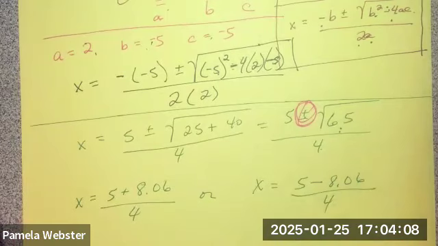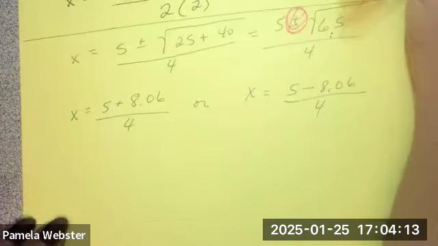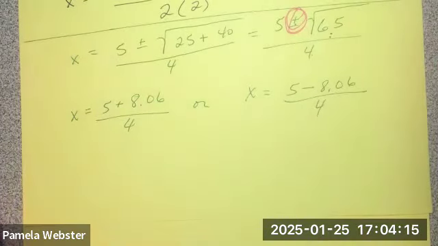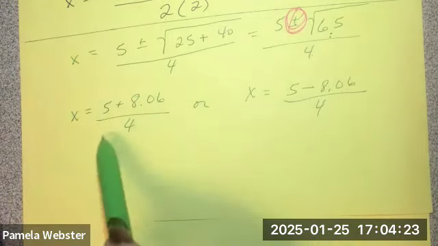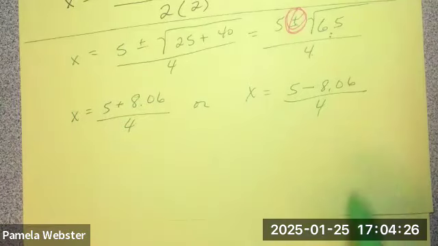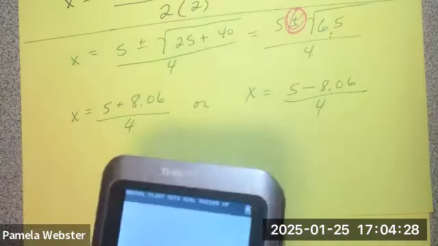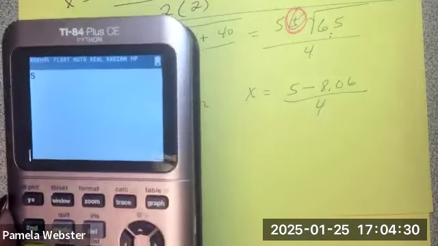All over 4. Okay, so I've got 2 different answers, and right here is where they will completely diverge from each other, which is fine. Just know that the 5 plus the 8 is going to be a positive number. The 5 minus the 8, that's going to be a negative number, right? So I'm going to do it right here on my calculator.